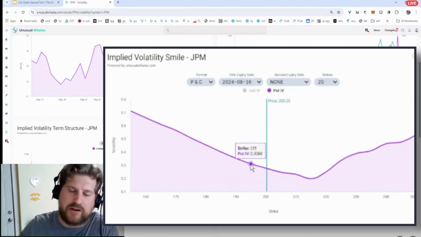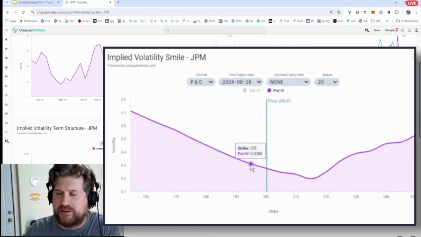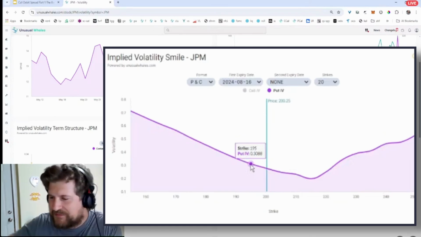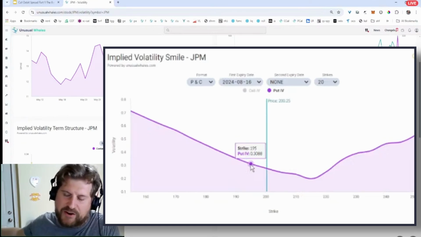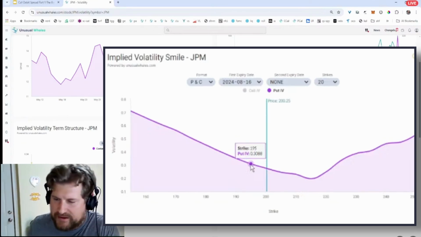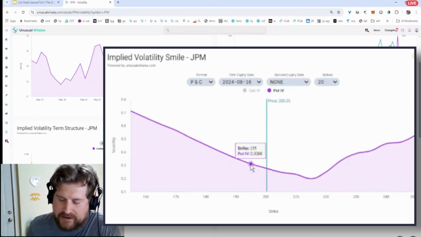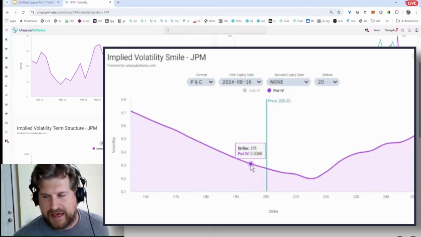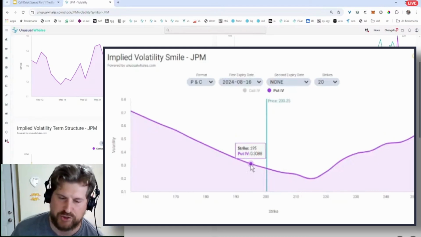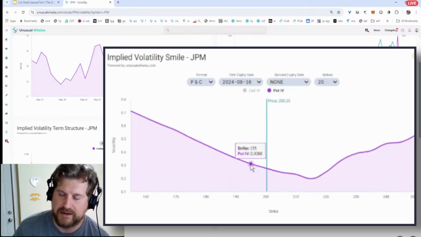It's not going to matter if you're just directionally right on this trade and JPM rips. The delta impact is going to swamp the volatility impacts, especially on something short dated like this.